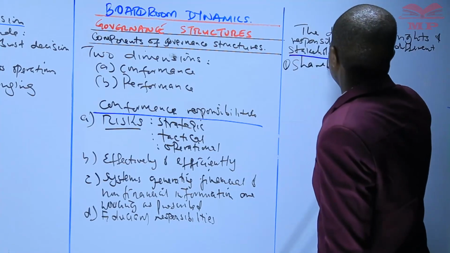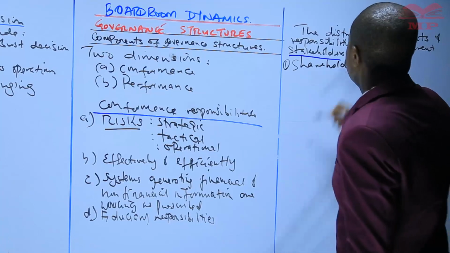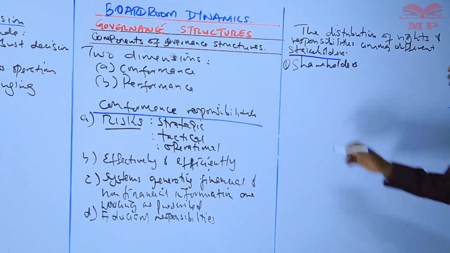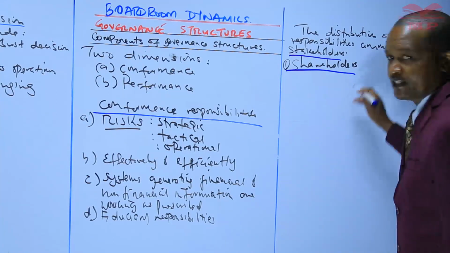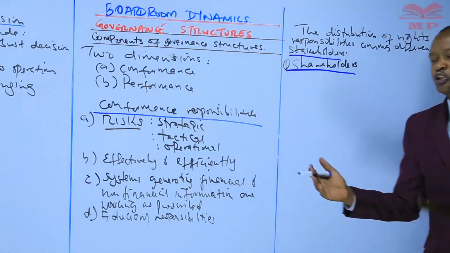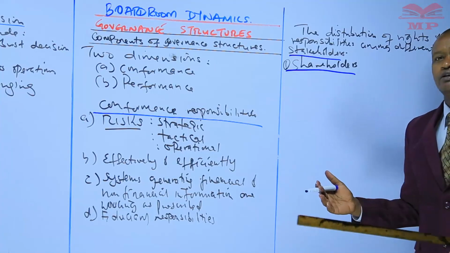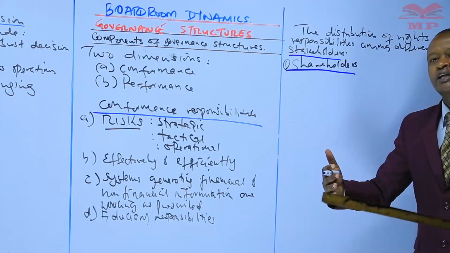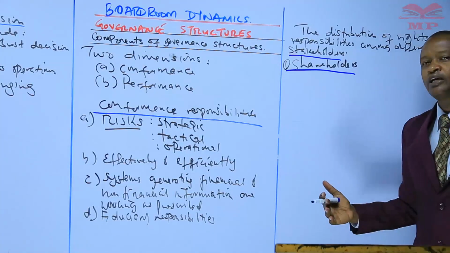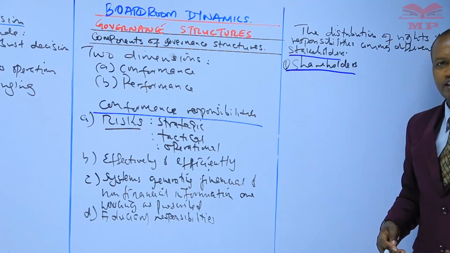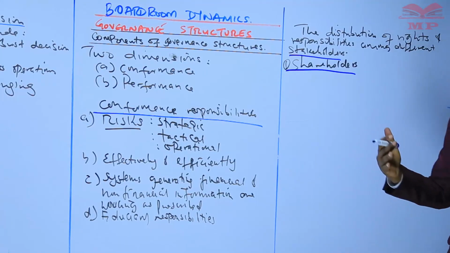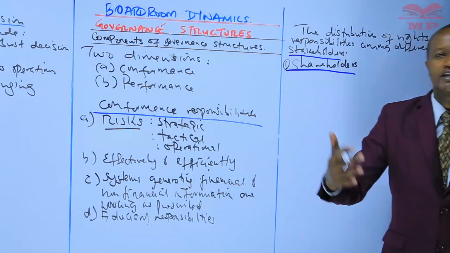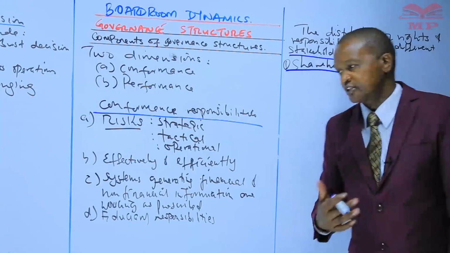One, shareholders. Candidates, there is a widespread recognition, both in company law and amongst the business community, that a key objective of a private sector company is to further the interests of its shareholders.